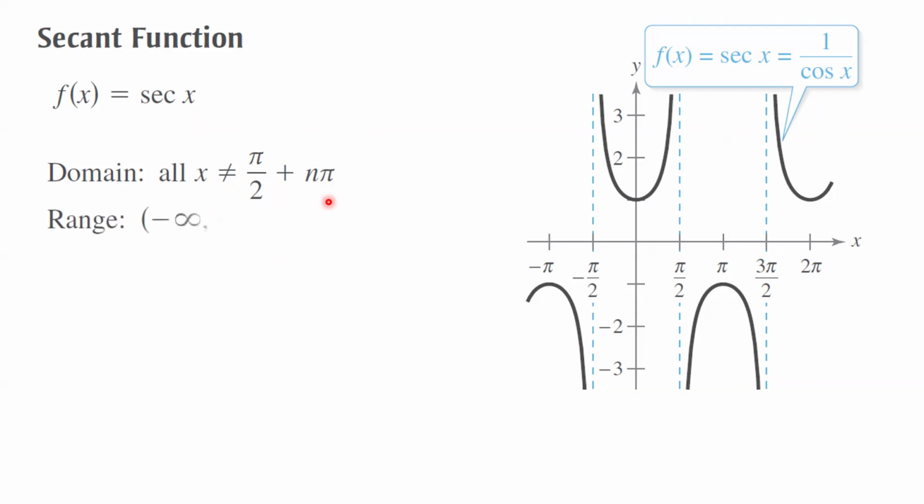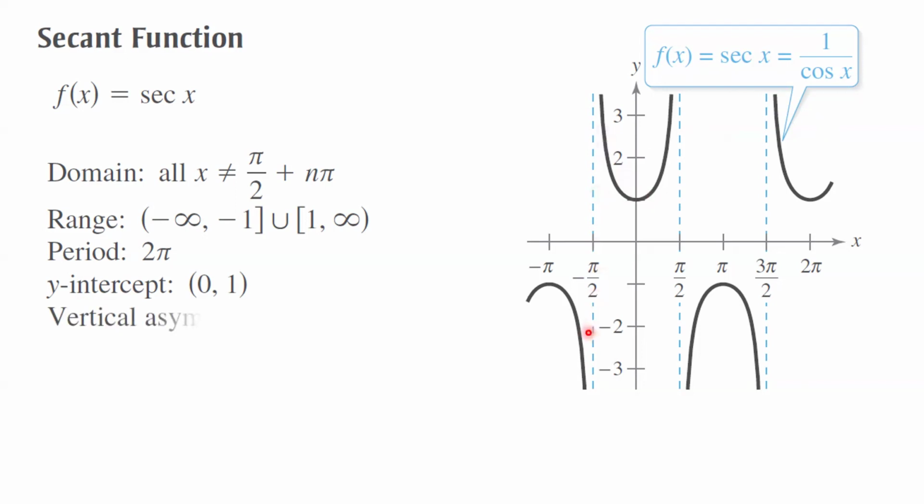The range, as you can see, is negative infinity to negative 1. You have a gap between negative 1 and 1, and then union 1 to positive infinity. What's the period of this function? The same as cosine, which is 2 pi. What are the y-intercepts? It has one y-intercept at (0, 1).